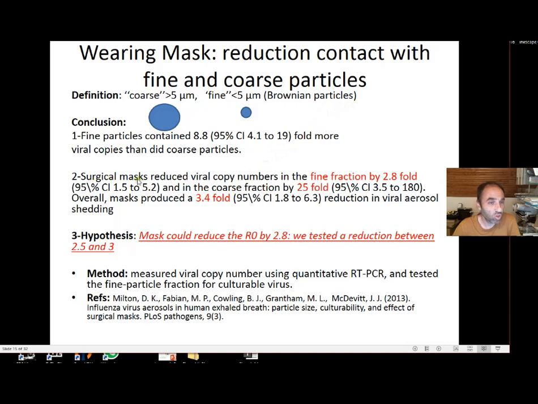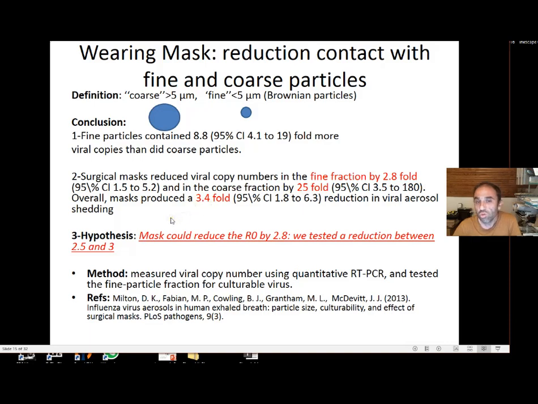So one of the conclusions of this study is that surgical masks can reduce viral particle numbers in the fine fraction by about 2.8-fold. For the coarse fraction, it's about 25-fold, and overall 3.4.